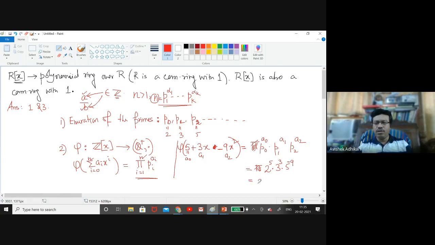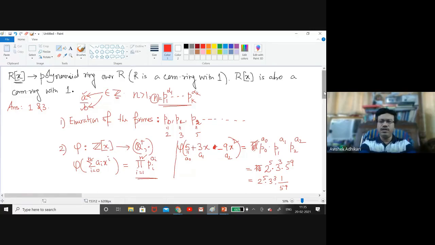So it's nothing but 2 to the power 5 into 3 cube into 1 by 5 to the power 9. In any case, it will not go out of the positive rational numbers. Each factor is a positive rational number, and so is their product. So any polynomial will ultimately be mapped into a positive rational number. That part is clear.